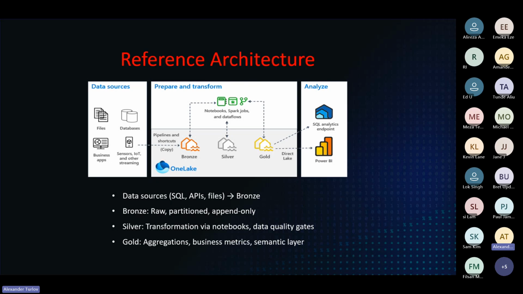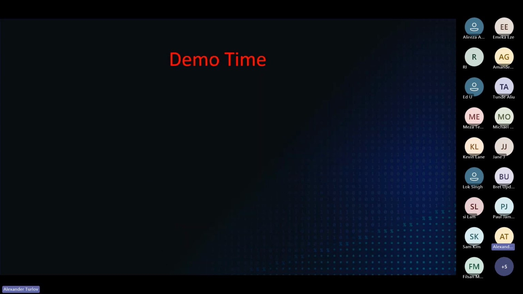They are all derived from the same single source of truth in silver, and they can all be used to create the external reports or query them directly, and essentially that's a consumer layer. That's about the reference architecture, and what we can do next at this point is it's time for our demo.